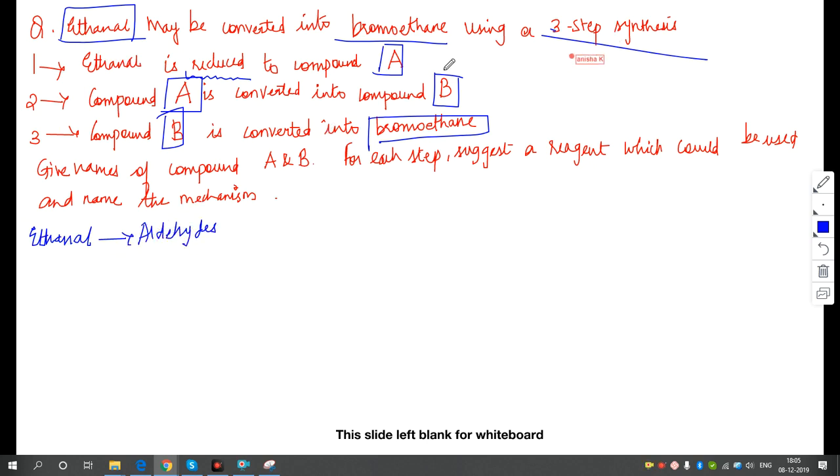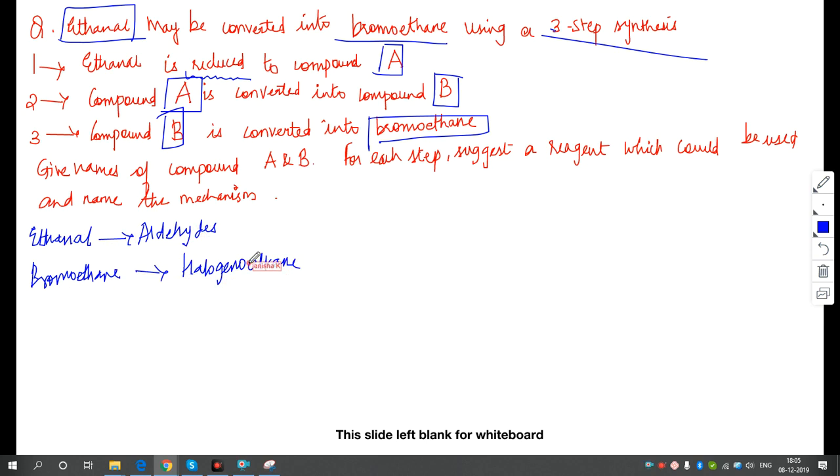And what about my final compound? It is bromoethane, a halogenoalkane. Ethanol is an aldehyde, bromoethane is a halogenoalkane.